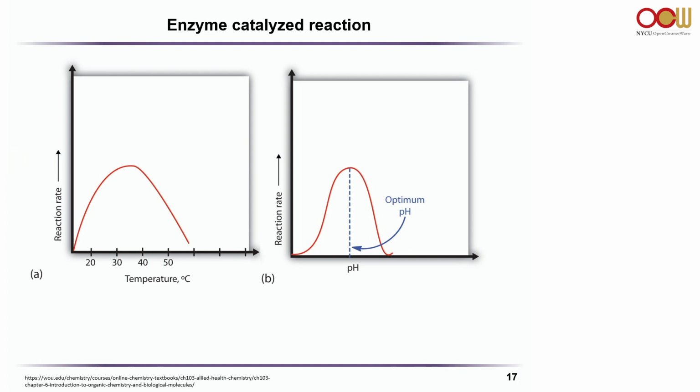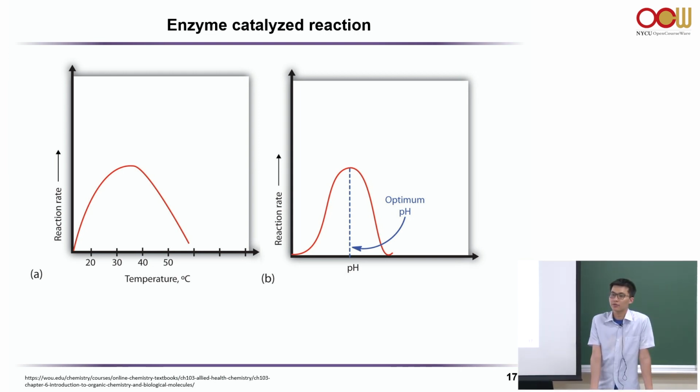Okay, so from the previous chapter, we know an enzyme can act like a catalyst to accelerate a reaction, right? So an enzyme is a protein, and it requires energy to drive a biochemical reaction, right? Generally, when we increase the temperature, these proteins or enzymes will be denatured, so it loses its activity.